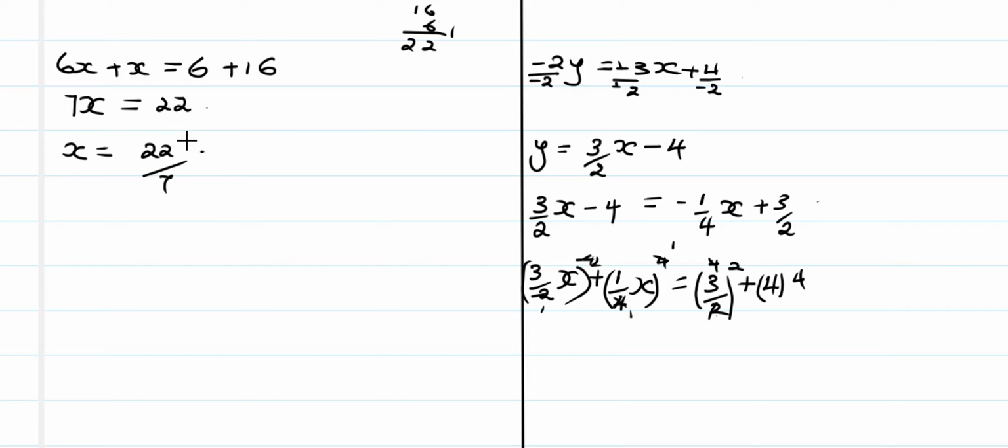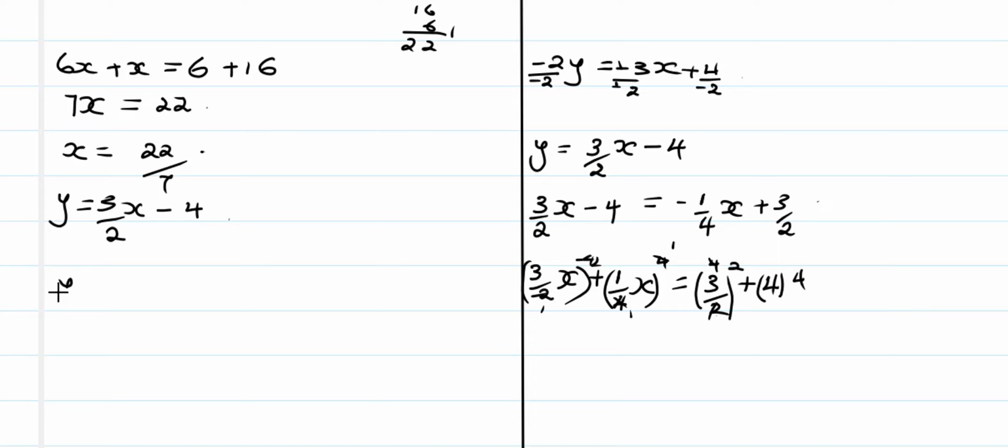We can leave it as a fraction like that, and then we use one of the equations to find the value of y. I can just pick this equation here. It says y is equal to 3 over 2x minus 4, but we already know the value of x.